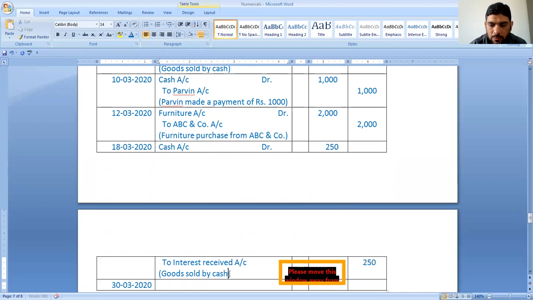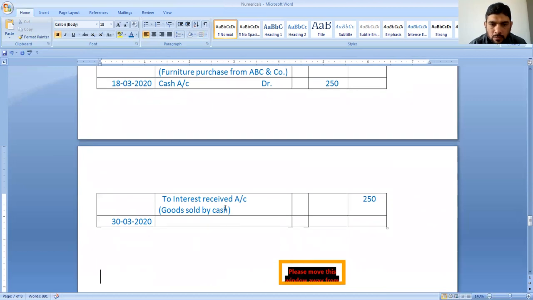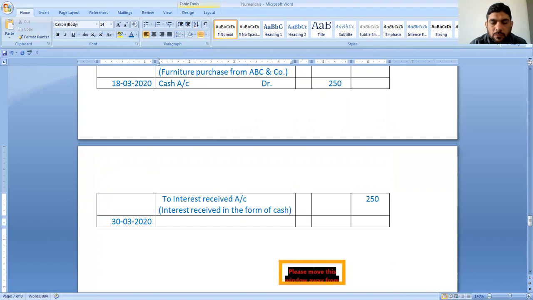We may write interest received in the narration box. If it is in the form of bank or cheque, we may write interest received through bank or through cheque.